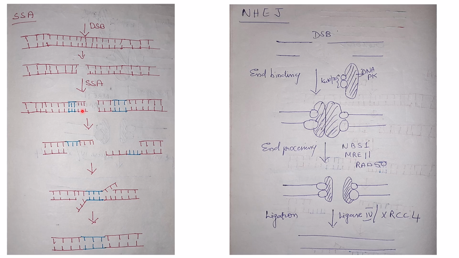Okay, that is being used. In the homologous recombination method, it is using the homologous DNA from the sister chromatid. Here the sister chromatid is not involved. The same DNA strand is involved.